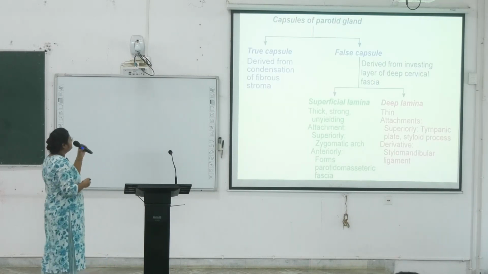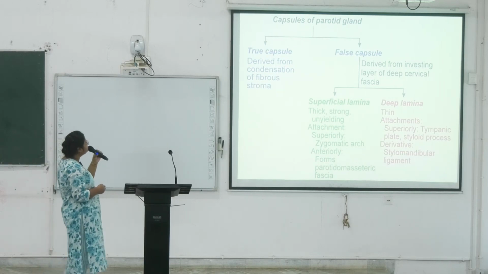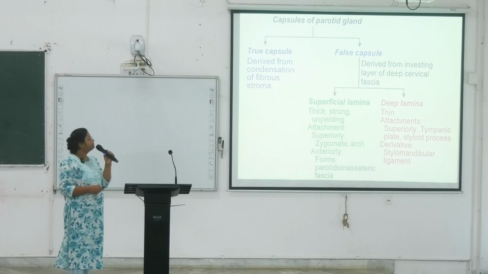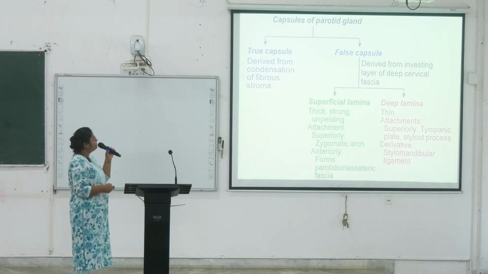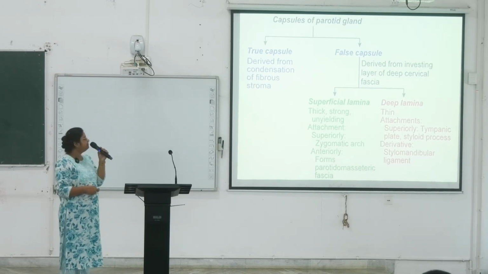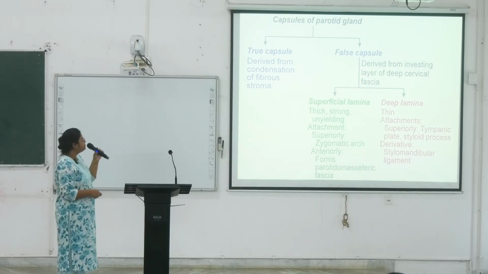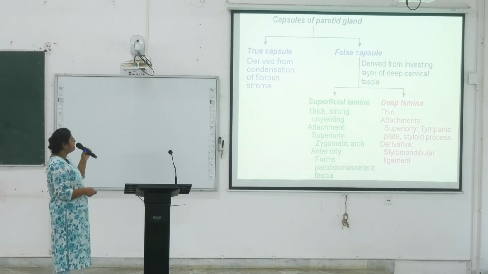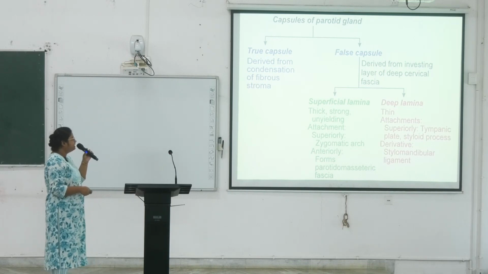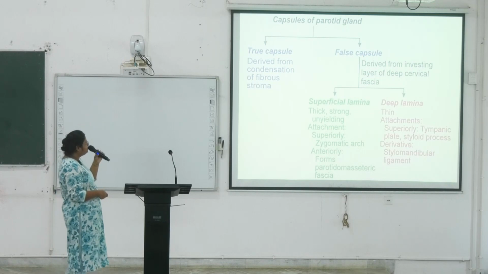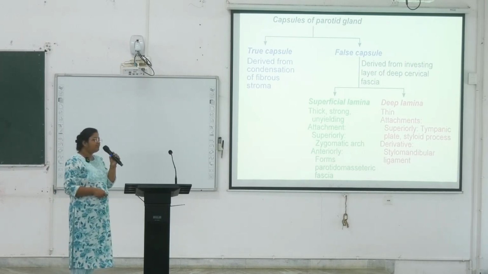So the capsules are true capsule and false capsule. True capsule is derived from condensation of the fibrous stroma. False capsule is derived from the investing layer of deep cervical fascia. It has superficial lamina and deep lamina. Superficial lamina is thick, strong, unyielding, attached superiorly to the zygomatic arch, and anteriorly forms the parotidomasseteric fascia.